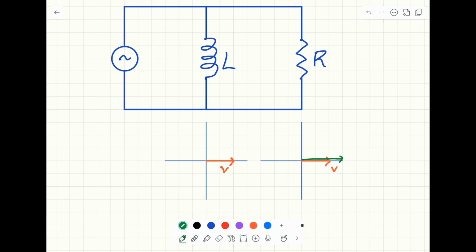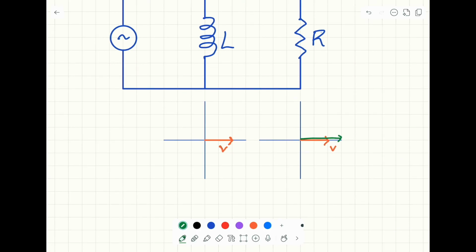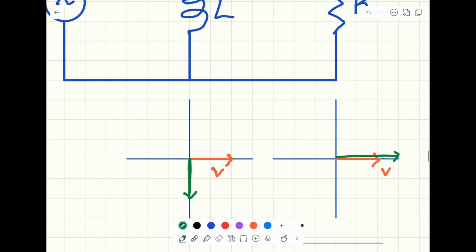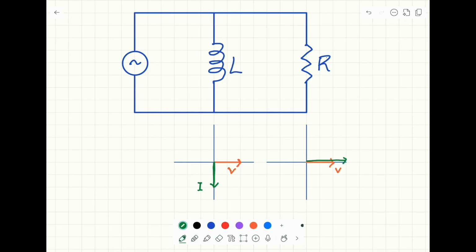Since we rotate the voltage, the current has to rotate as well. So the current this time will be here. Now, this phase relationship is still exactly the same. It means the voltage is 90 degrees ahead of the current. So there's no change in the physics.